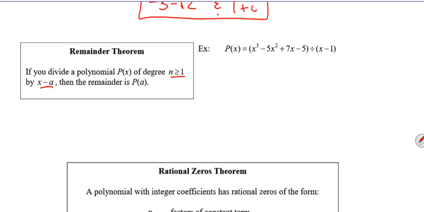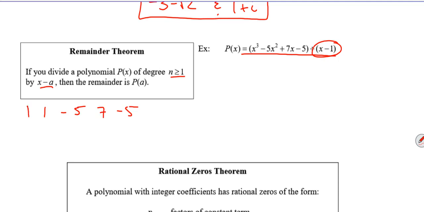Let's take a look at an example, and hopefully this will become clearer. Here's a division problem. It's asking me to divide by x minus 1. I'm going to synthetically divide, working over here: 1, -5, 7, -5.